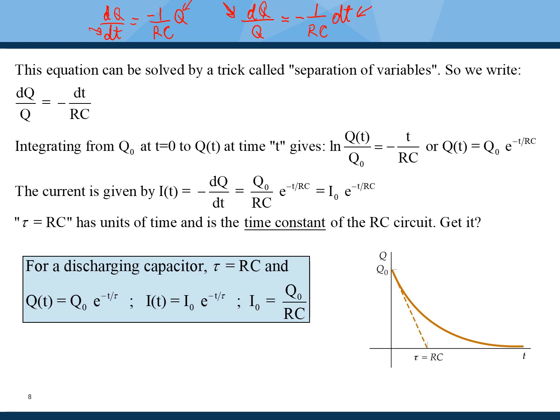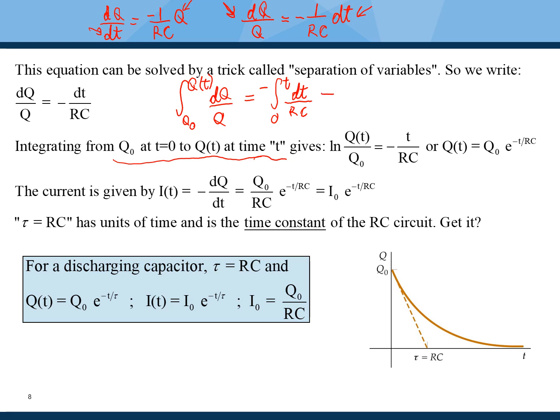So we can now go ahead and say that we want to integrate from an initial charge of q0 at time t equal to 0 to some general charge q at a general time t. So we essentially integrate this. We go from q0 initially to some general q at some general time t, and we have dq by q is equal to minus the integral from 0 to t of dt over the constant RC.